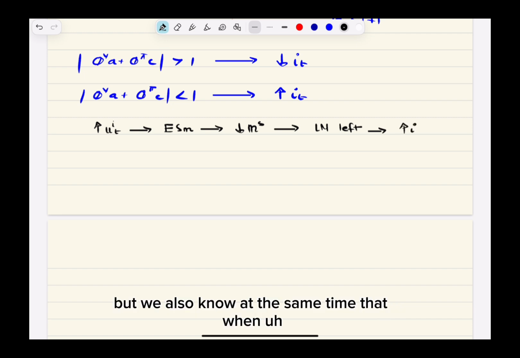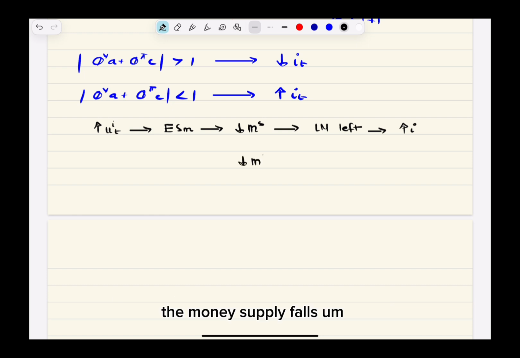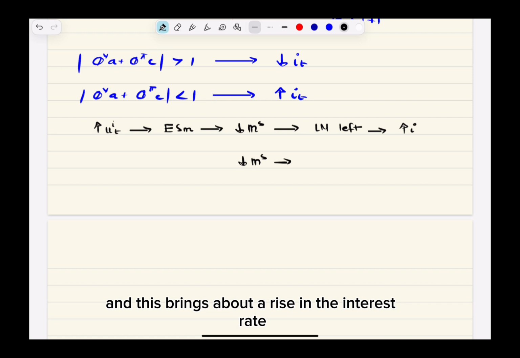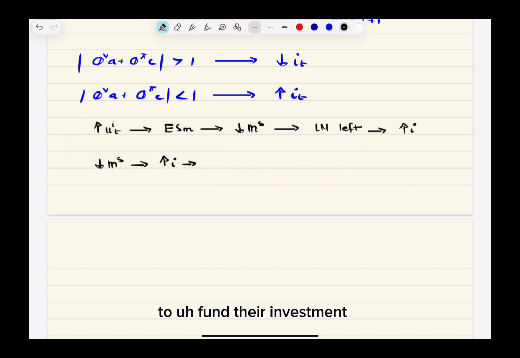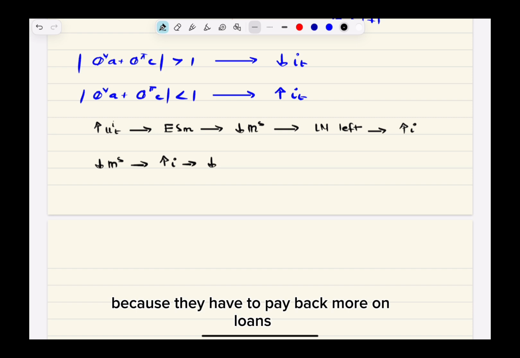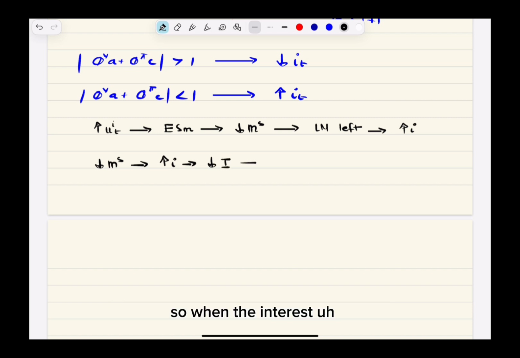But we also know at the same time that when the money supply falls, and this brings about a rise in the interest rate, it makes it very hard for people to fund their investment, because they have to pay back more on loans. So when the investment level falls, the IS curve would shift to the left as well. And this causes a fall in the interest rate.